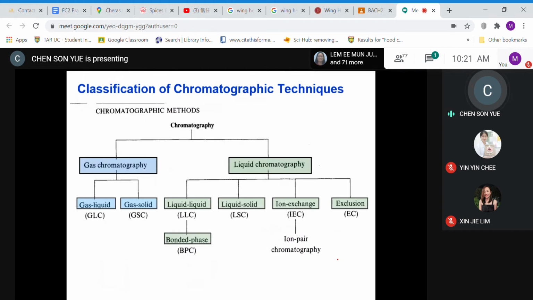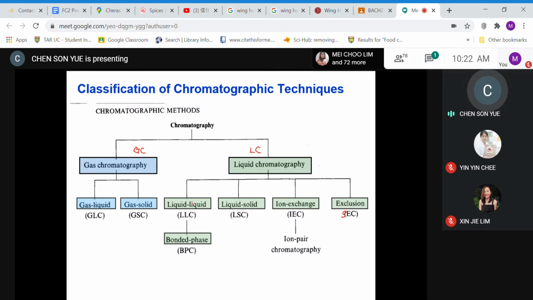And now we move on to the next slide. Here is a summary of different types of chromatography. Generally we have GC and LC. LC is liquid chromatography. GC includes GLC, gas-liquid, and GSC, gas-solid. Then we have liquid chromatography: liquid-solid chromatography, ion exchange chromatography, size exclusion chromatography, or SEC.